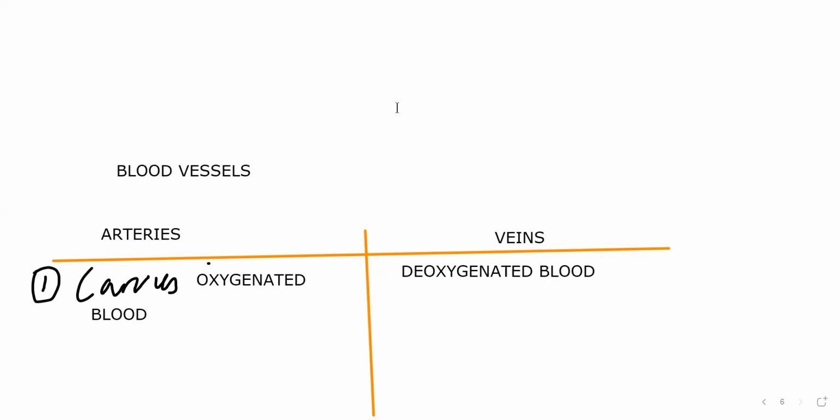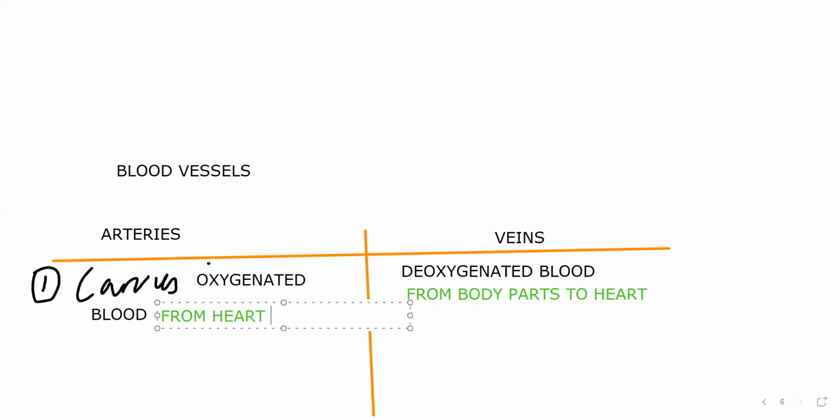I'll write it down here or there will be confusion. Veins carry deoxygenated blood from body parts to heart. Arteries carry oxygenated blood from the heart to other parts of the body.